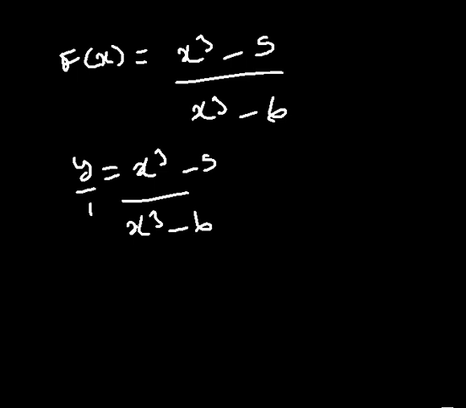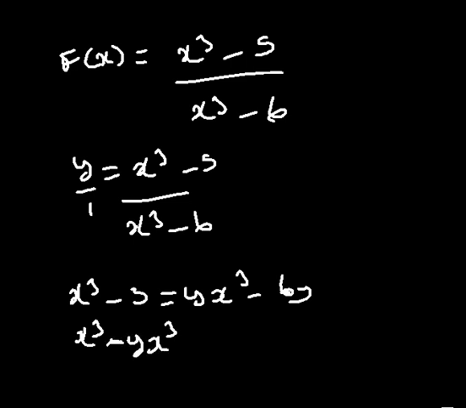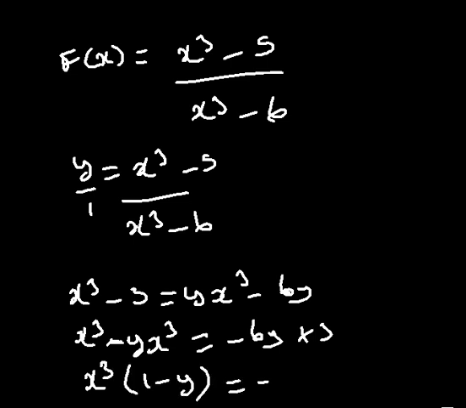We have x cubed minus 5 equals yx cubed minus 6y. We bring those with x cubed together. That will give negative 6y plus 3, and we factor out x cubed. We have 1 minus y, and negative 6y plus 3.